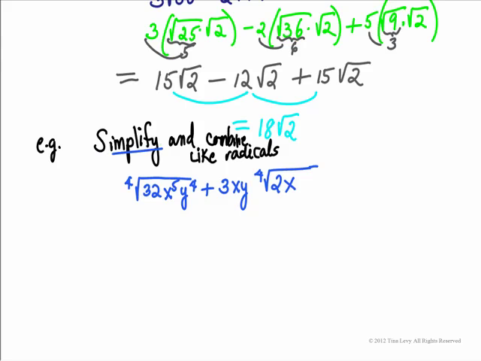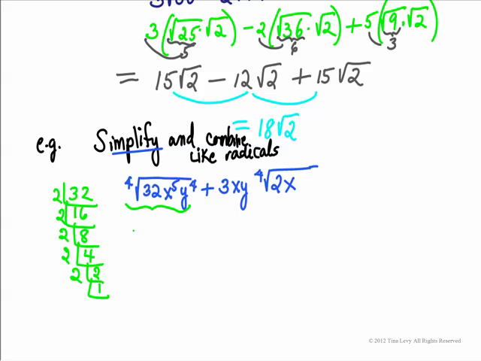Working this on the side, I have to get the prime factors. That's what we always do when we see the word simplify. So I have 32. 2 goes into that 16, 2 goes into that 8, 2 goes into that 4, 2 goes into that 2, and we are finished with a 1. So I've got 1, 2, 3, 4, 5 2's.